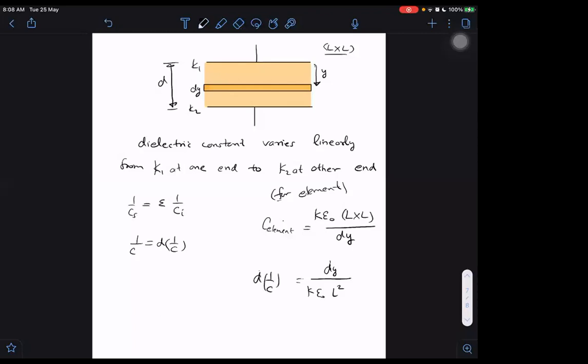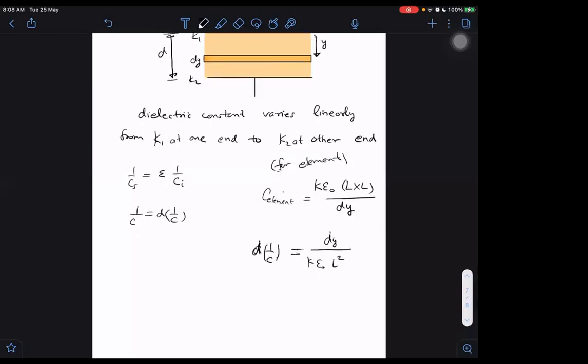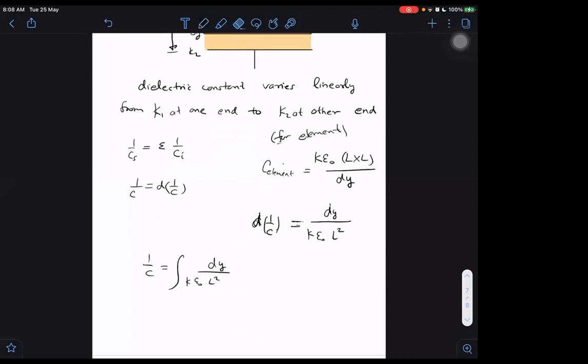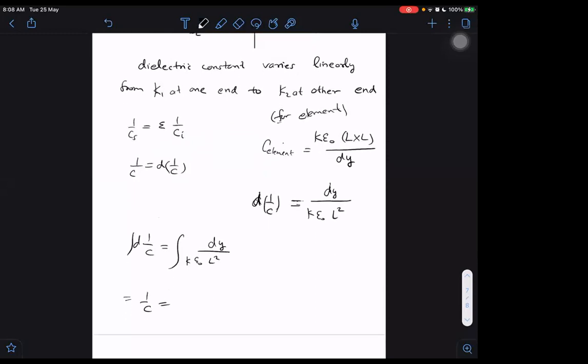The reciprocal of this element will automatically be d1 by C. Then we will be getting 1 by C equal to dy divided by k epsilon naught L square integral. Sorry, this side we don't have. This is already there. This is the integral of d1 by C, which will be equal to 1 by C, and the other side we will be getting.